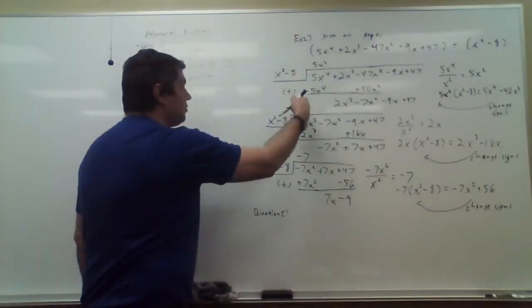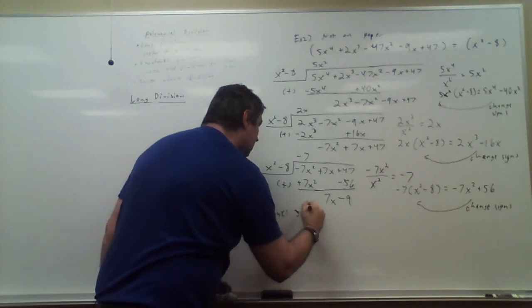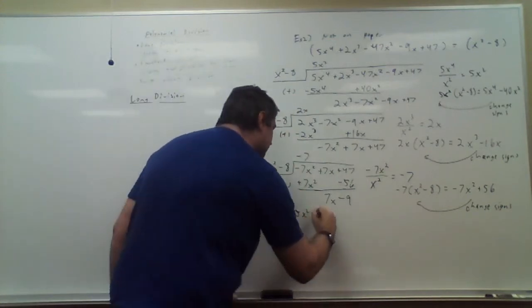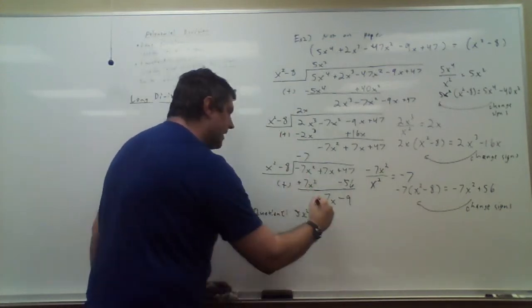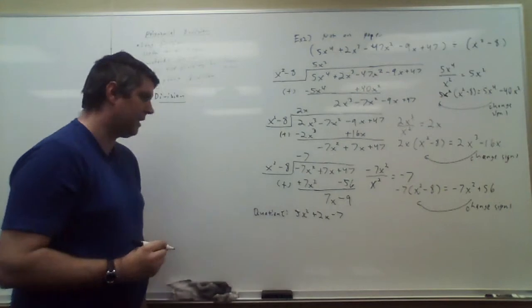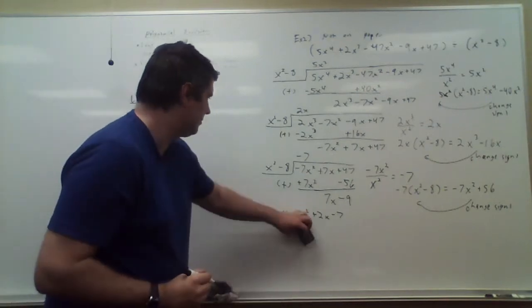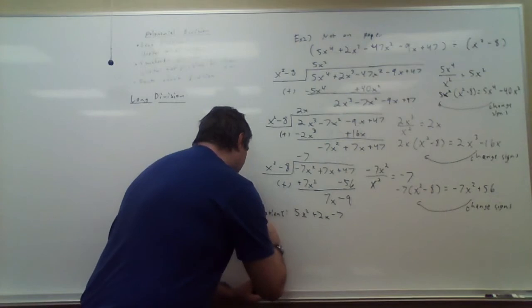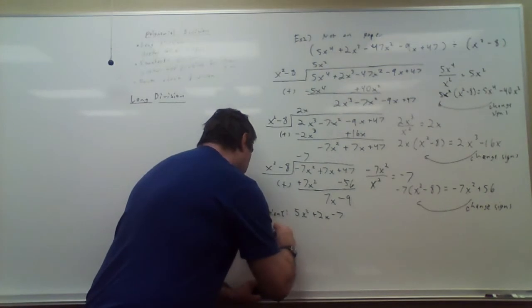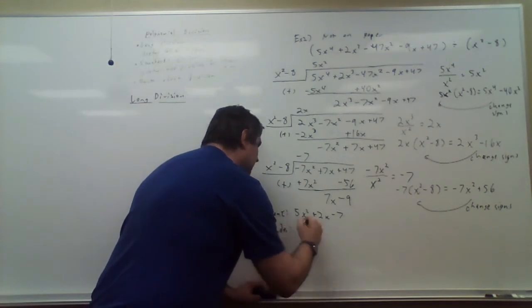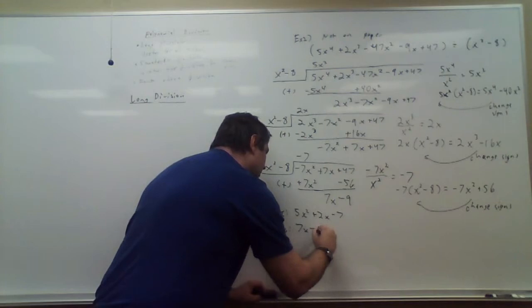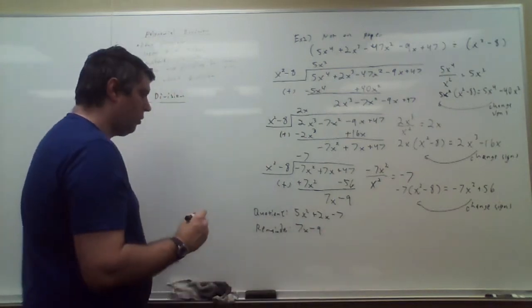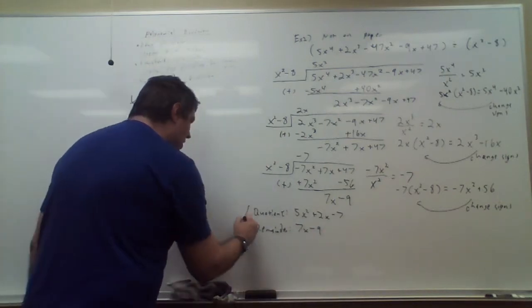So 5x squared plus 2x minus 7. Okay? The remainder, 7x minus 9. Okay? So that's one notation.